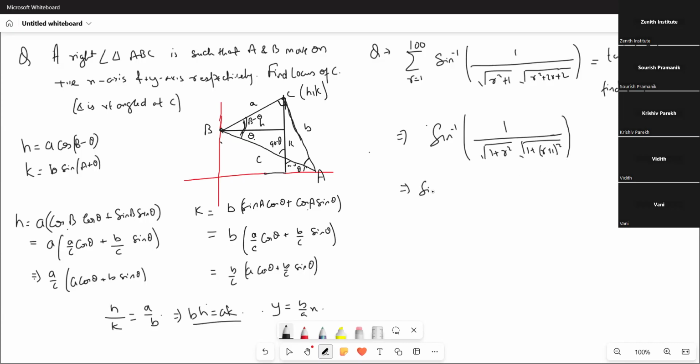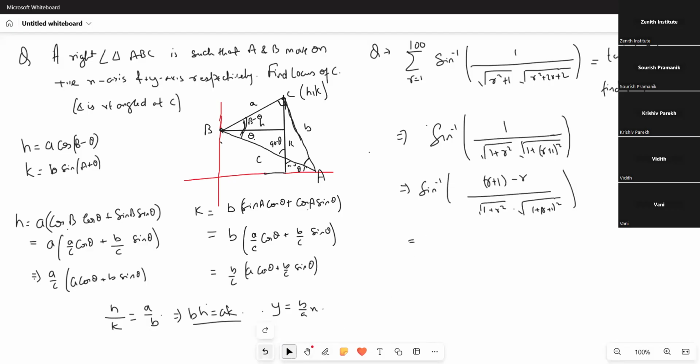Now the numerator of this can be written as r plus 1 minus r, by root over of 1 plus r square into root over of 1 plus r plus 1 whole square. So this will be sin inverse of, now split this.